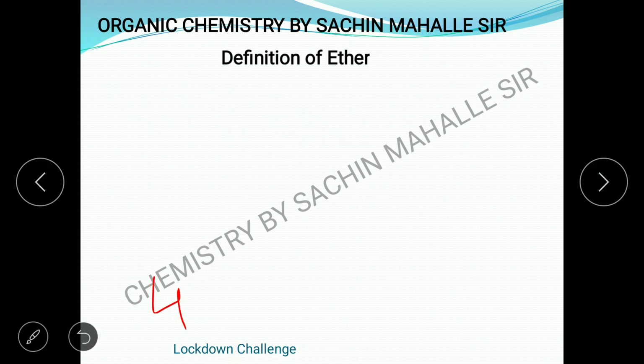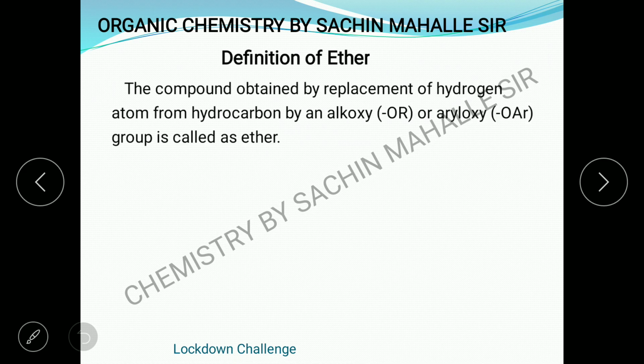Hydrogen is removed and an alkoxy or aryloxy group is attached to the alkyl group. Definition of ether: the compound obtained by the replacement of hydrogen atom from hydrocarbon by alkoxy or aryloxy group is called ether.